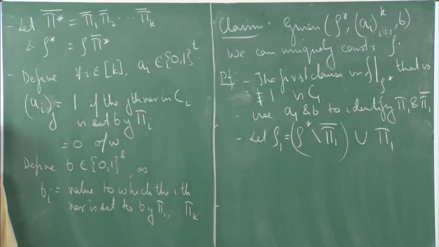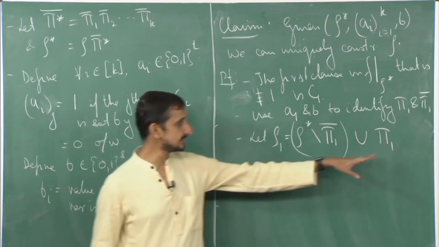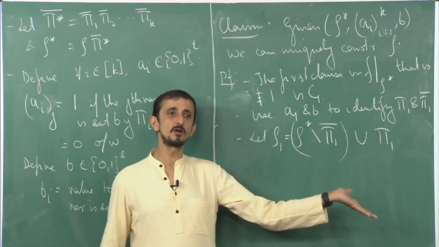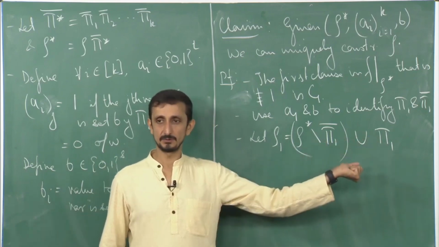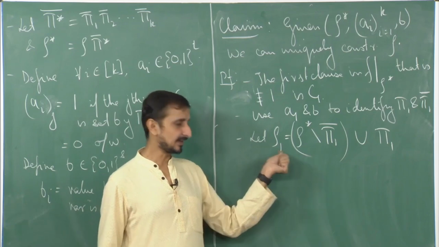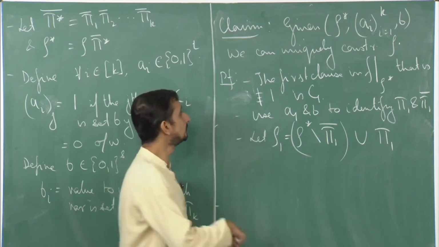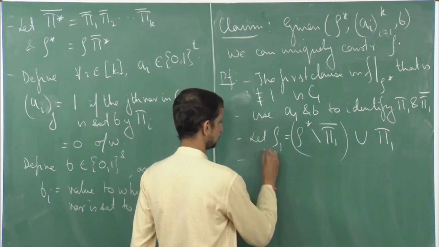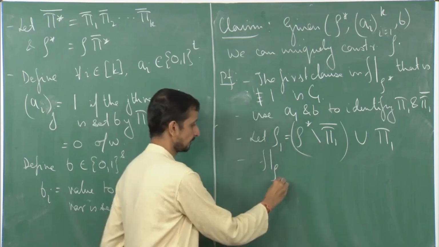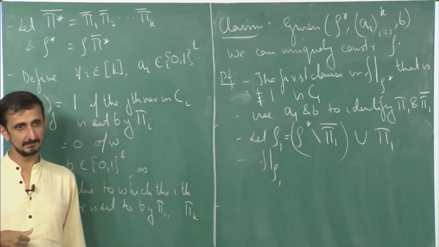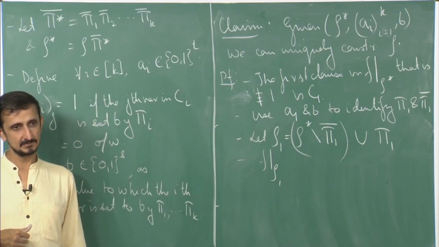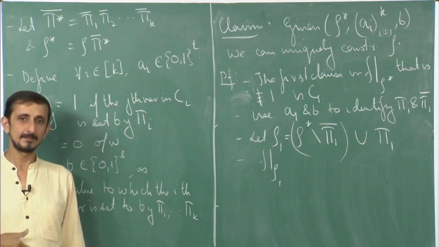Now, what does this achieve? This is exactly what I said earlier. What this achieves is that this makes C1 equal to 1, because pi 1 makes C1 equal to 1. So, now what can I say about rho 1? What can I say about this? Exactly.